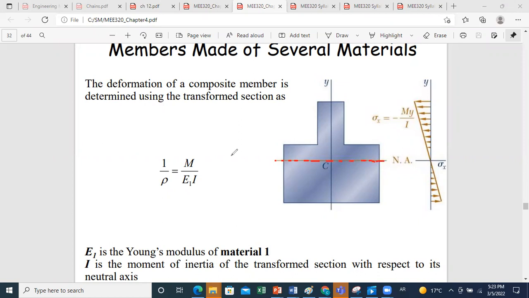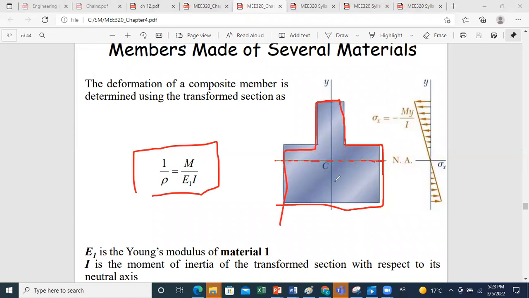And then to find the radius of curvature, we use the following formula: 1 over rho is M over E1 times I. E1 is the modulus of elasticity of the material we are considering, because we modified the section in a way to have one material for the whole section, which is E1.